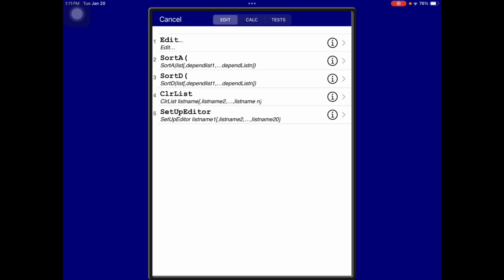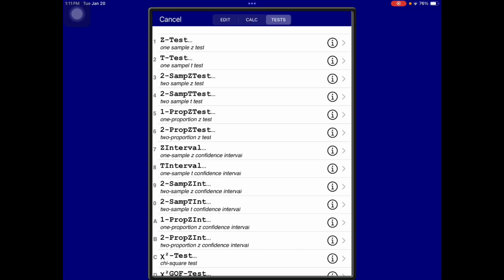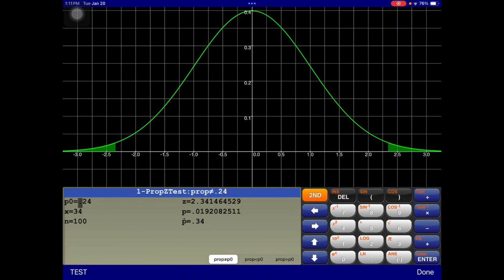On the calculator, you're going to go to stat, test, 1 prop z test. Our p naught is going to be that 0.24. N is 100. And then to get x, which is 34, you multiply 34%, or 0.34, times 100, and that gives you 34. Also make sure to select two-tailed test for this. And you will see your p-value there.